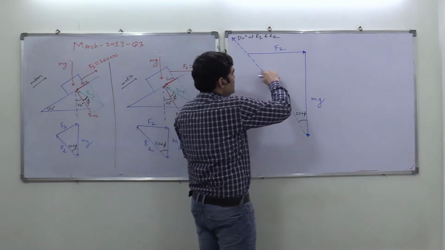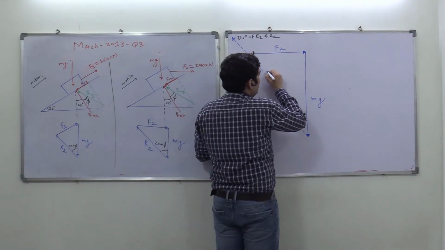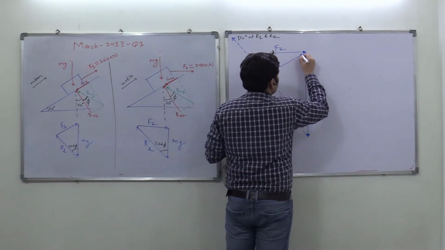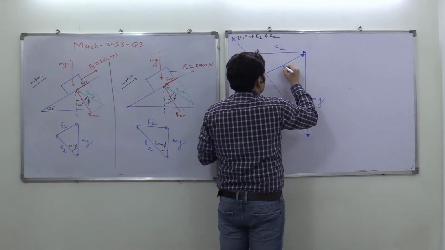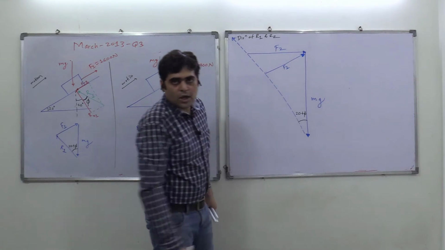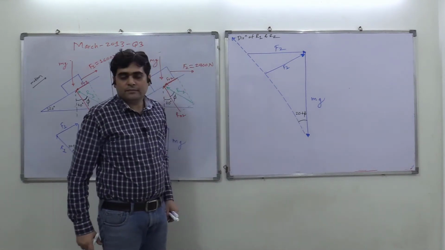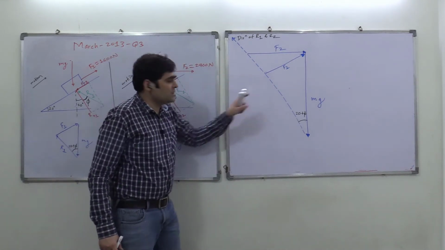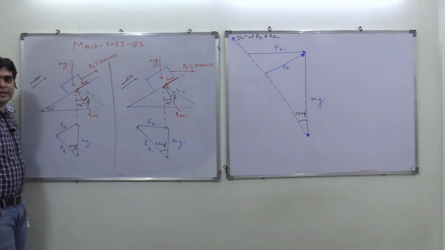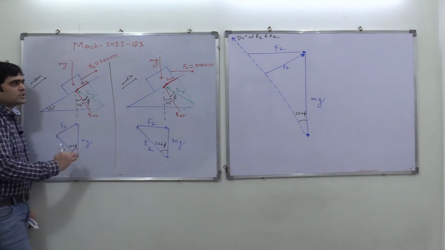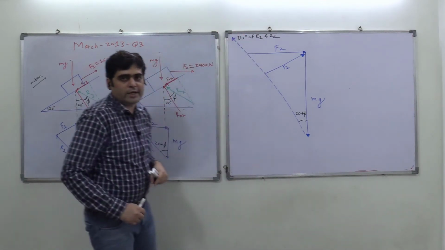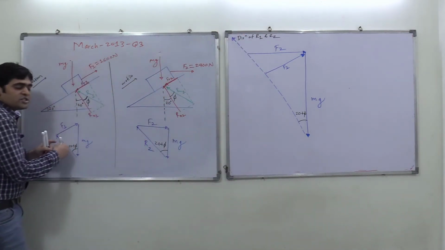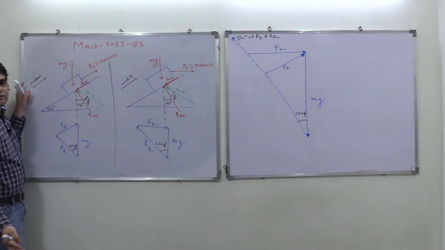And R1 is finishing up to here, then this force will be F1. Okay, any doubt in this drawing, guys? Please observe both the drawings here. Observe this drawing and this drawing. We are merging both drawings, and I just enlarged both the drawings. What I have done is I have merged both the drawings and enlarged it.